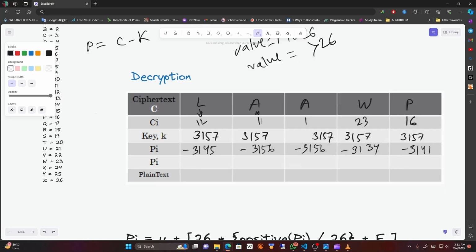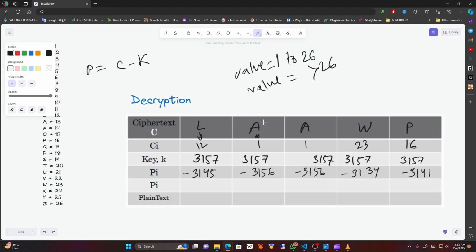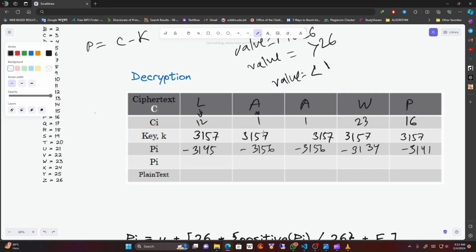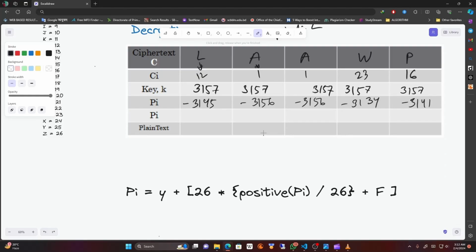But here we get none of those. We get a negative value, which is less than 1. So how will we solve this problem? In order to solve this problem, we need to see an equation.